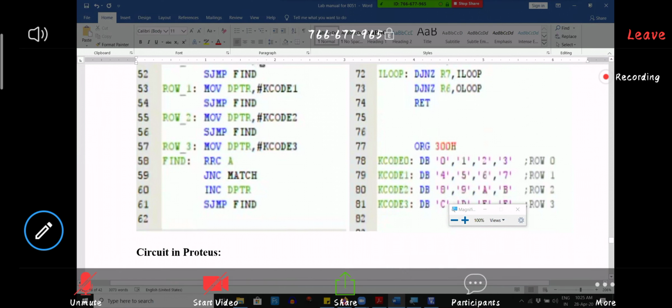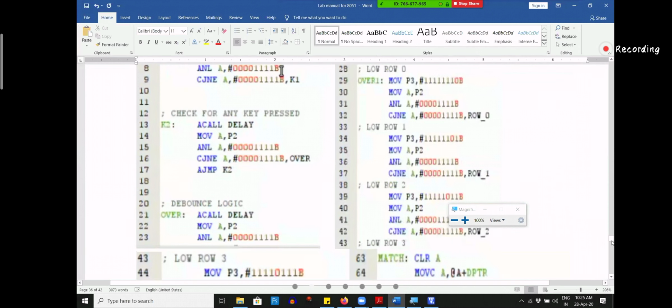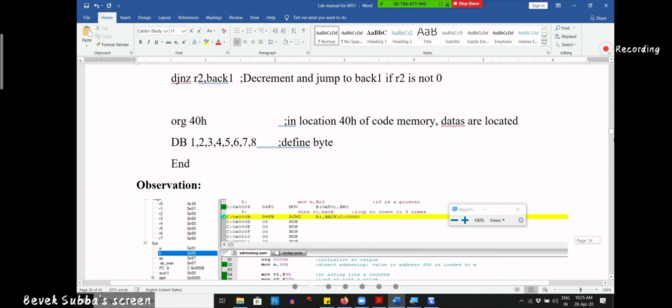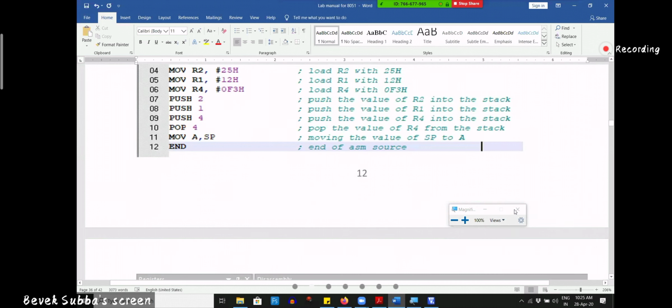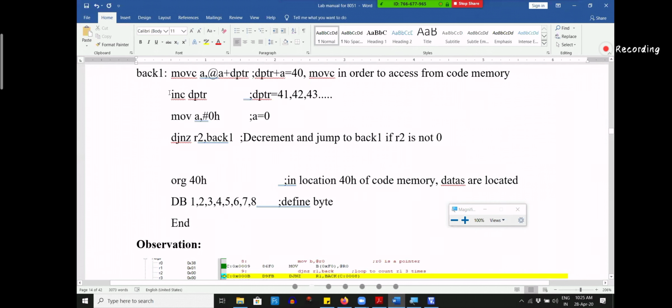Instead of numbers, I want to send 14. Okay, I'm copying this.